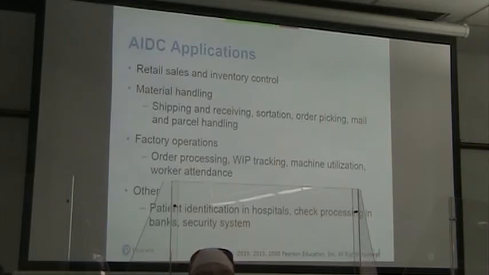For factory operations, we can have order processing, tracking of our work in process, tracking of machine utilization, and worker attendance.